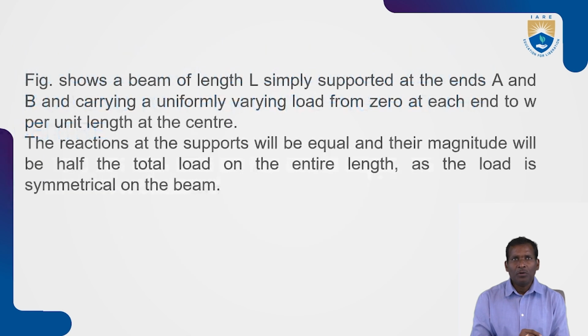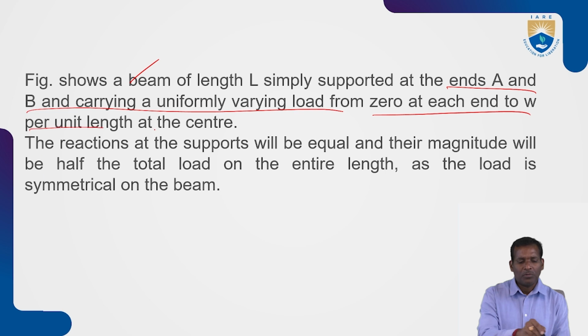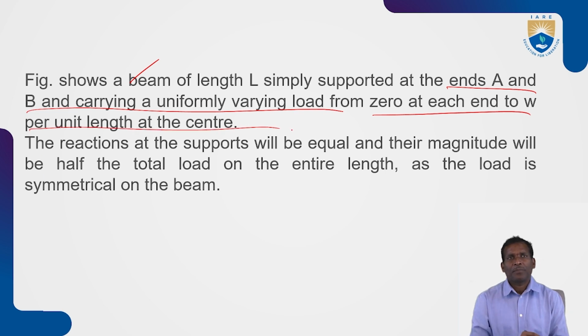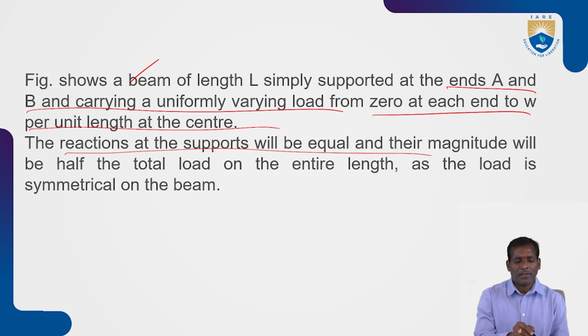The figure shows a beam of length L, simply supported at the ends A and B, carrying a uniformly varying load from 0 at each end to W per unit length at the center. The reactions at the supports will be equal, and the magnitude will be half of the total load on the entire length.